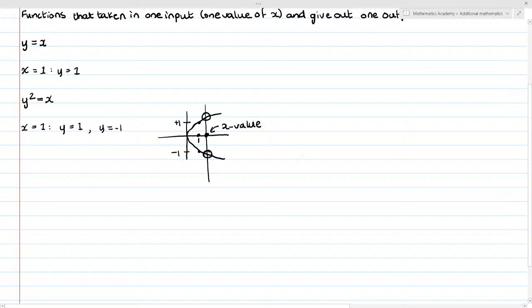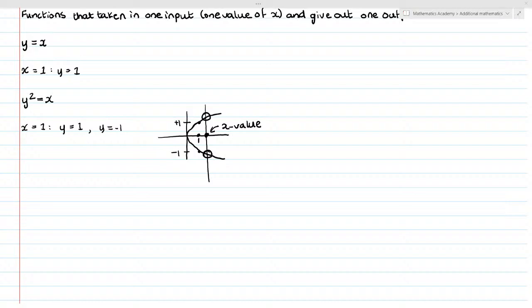So this doesn't have to be the case all of the time. If this is the case even once, so if you have a curve where drawing a particular vertical line gives you two intersection points with the curve, then that's not a one-to-one function. All right.